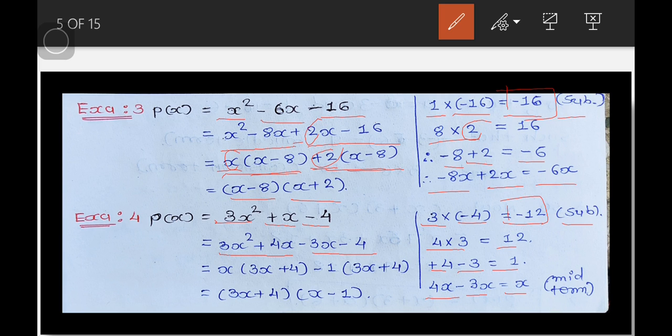Now from the first group you can see that x is a common term, because 3x square has an x and 4x has an x, so we extract x from both terms. So here x is the common term, and the remaining part, when we extract x from 3x square, is 3x, and from 4x the remaining part is 4.